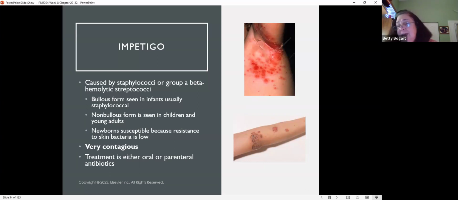So I treated it. I had the antibiotic ointment here that was good and treated it. And we had to call the doctor and get oral antibiotics too. Highly, highly contagious. It can spread. So again, they need oral, parenteral, or topical, or all of them, depending on it.